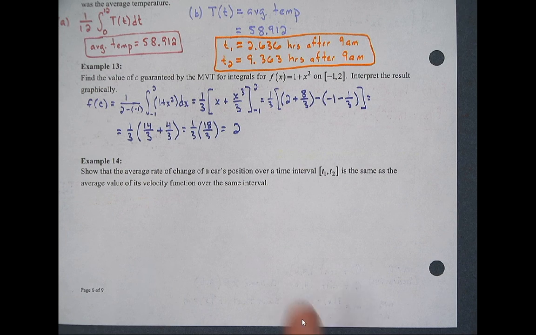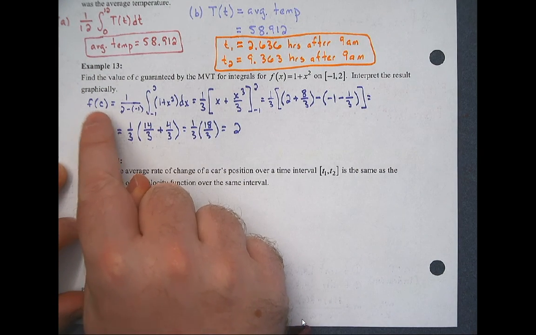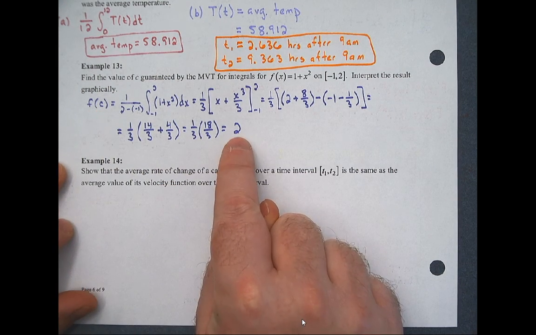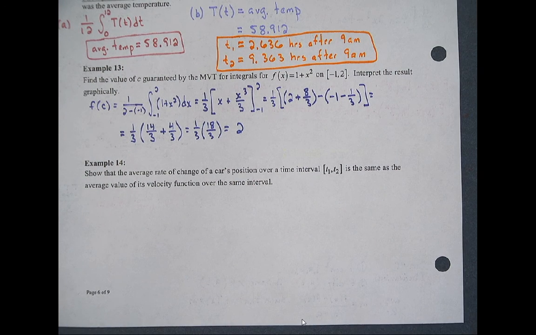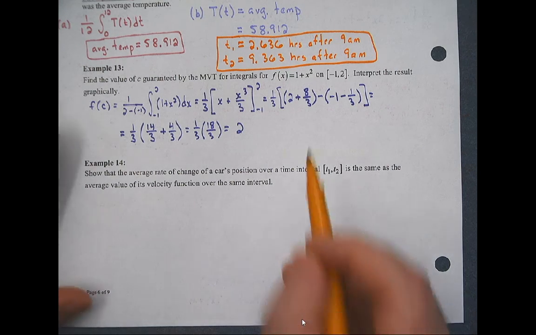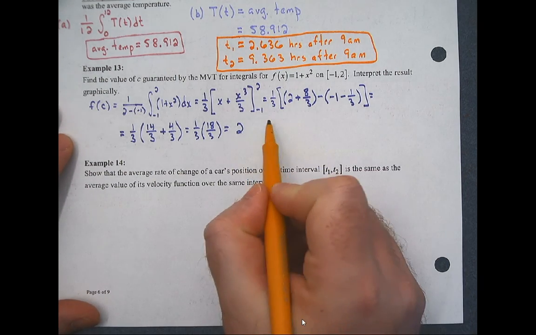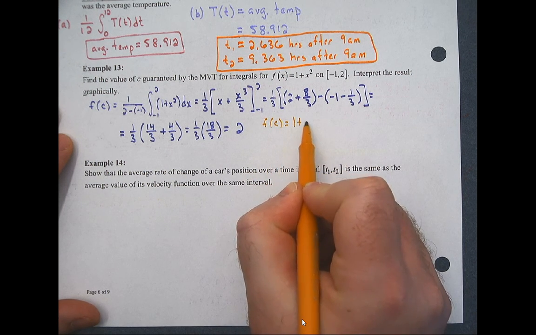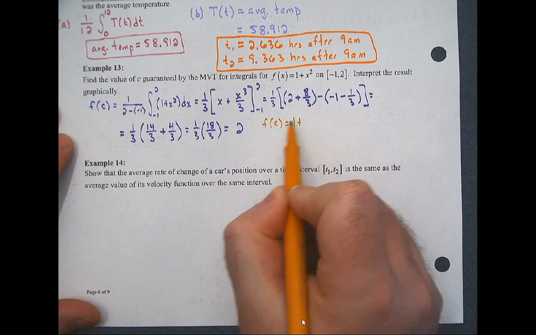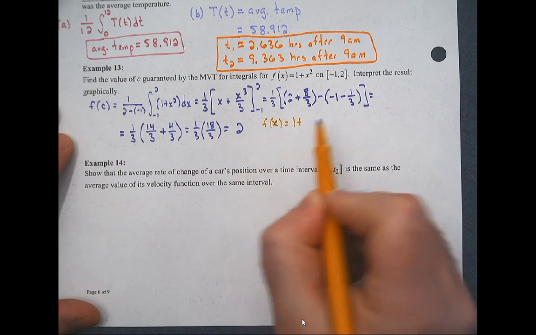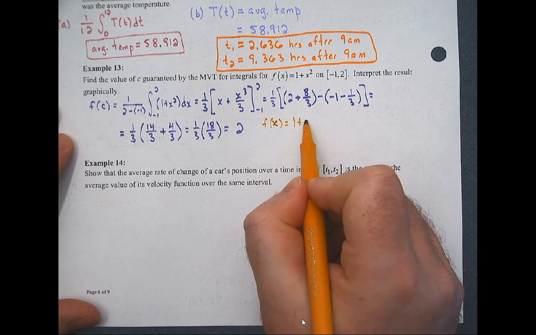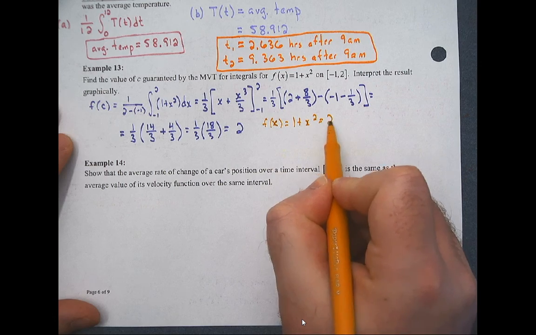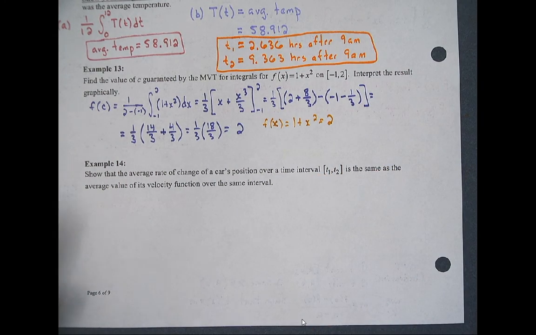Now we want to figure out what value of C actually is at that height. So now I'm going to go to my equation, and I'm going to make that equation equal this height. So f of C, which equals 1 plus, well, I'm going to call it f of x, I don't want to use C, 1 plus x squared has to equal a height of 2. Let's do a little bit of algebra here.